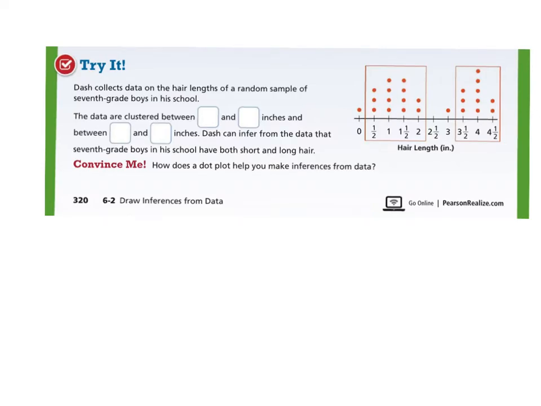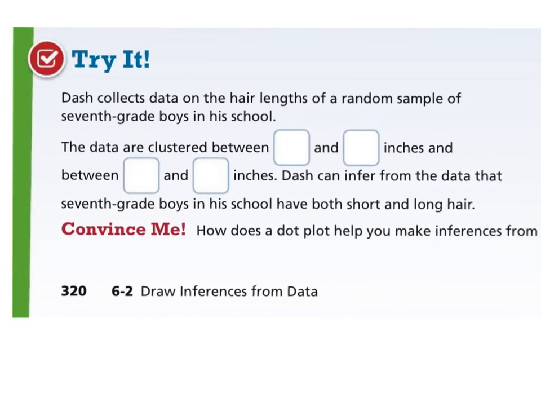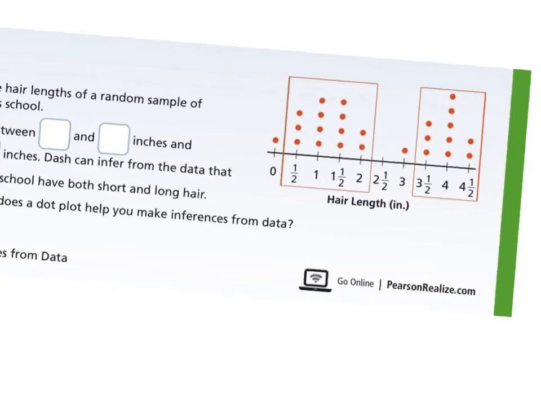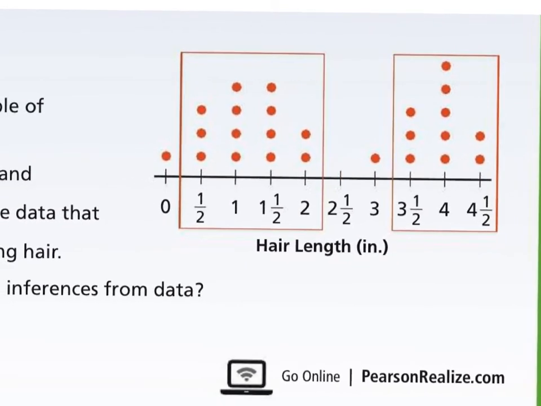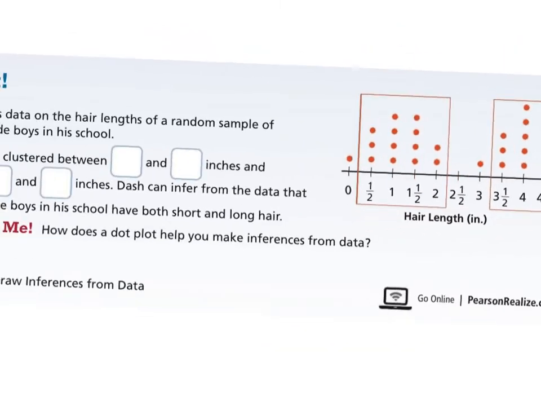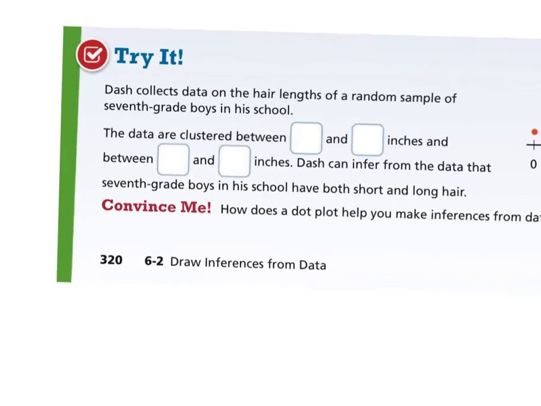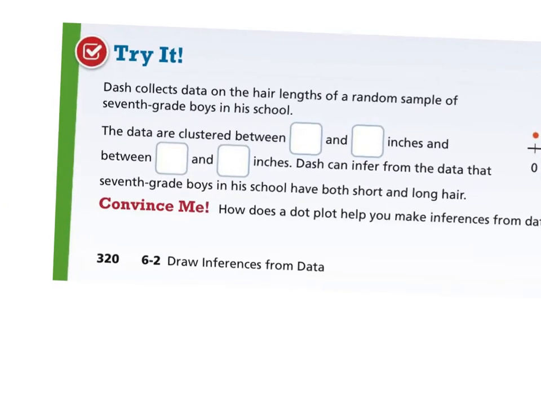On the try it, Dash collects data on the hair lengths of a random sample of 7th grade boys in his school. The first thing they're asking us to look for is clusters. Clusters are where we have a lot of data, a lot of numbers. They've kind of helped us out a little bit here. The first cluster would be between 1/2 and 2 inches.